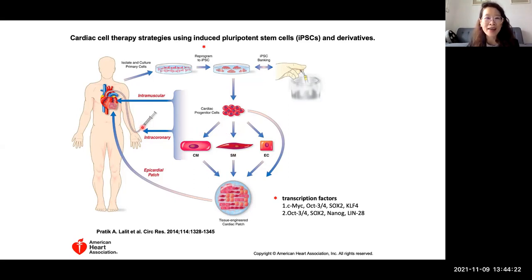And another option is to inject into the heart directly. This one goes through the blood, this one goes to the heart. It looks like sci-fi. I don't know if it's happening yet, but it gives you some idea that tissue engineering and stem cells could be possible treatment options in the future.